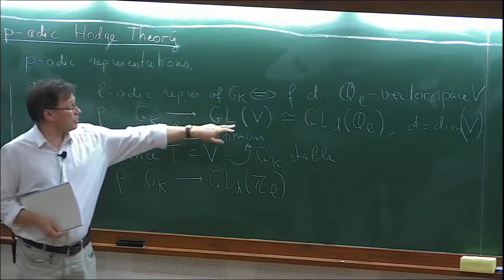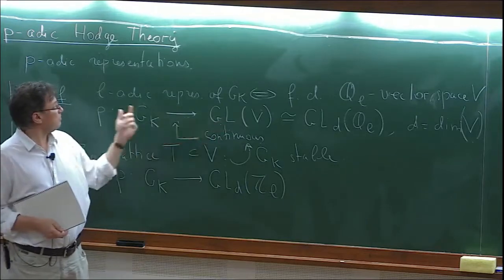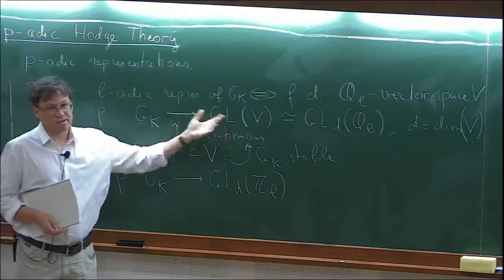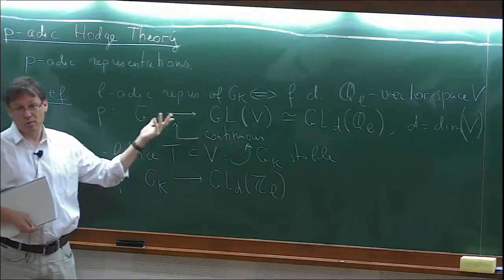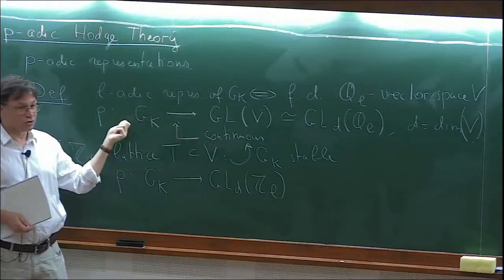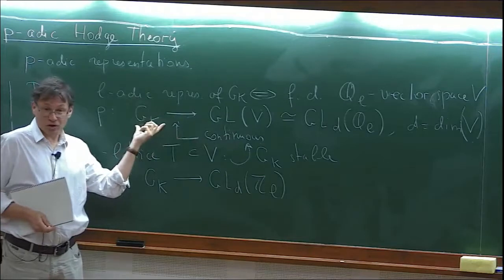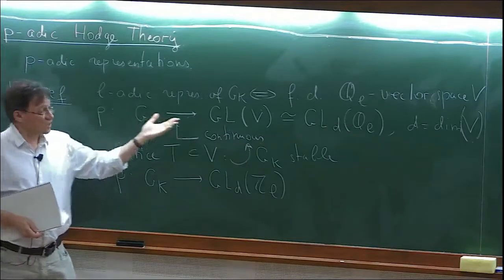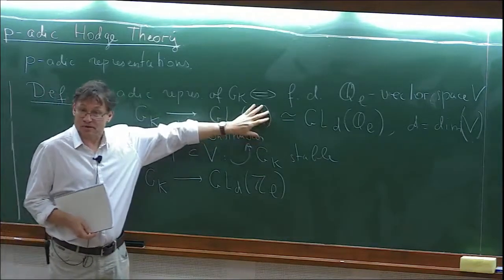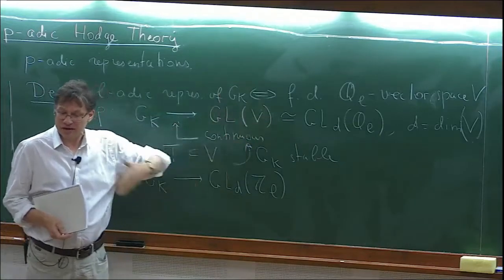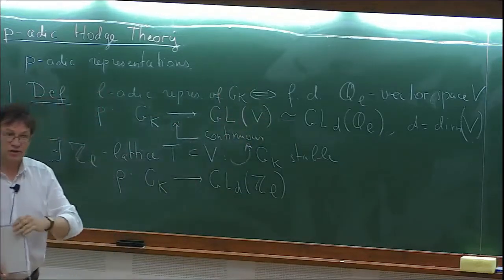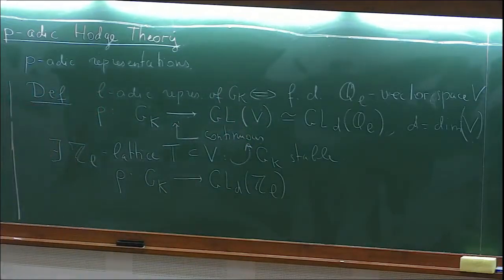And the approach via l-adic representations in some sense linearizes the problem. So instead of considering some complicated group, we consider the category of its representations, which has some linear structure. So this is a linearization of the problem.